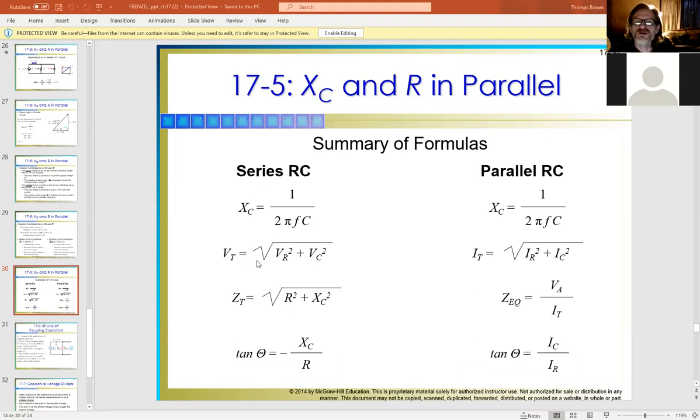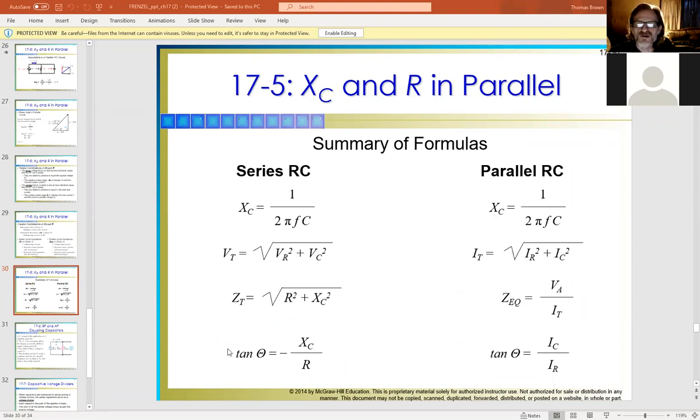In the series, of course, we're focusing on the voltage changes, and in the parallel, we're focused on the current changes. Our way that we get our overall impedance is different. And notice that in the series, we have to do the square root. And then over in the parallel side, we're going to find an equivalent, not an impedance total, if you will.